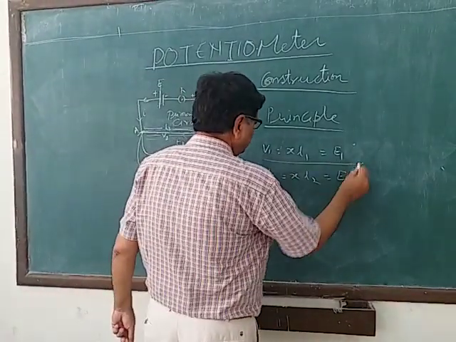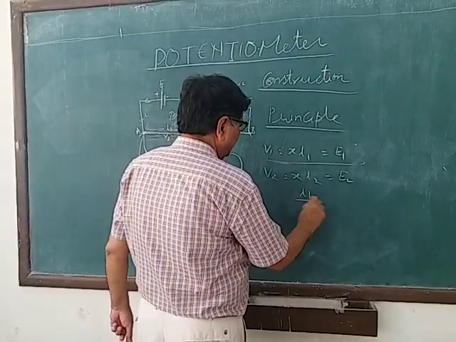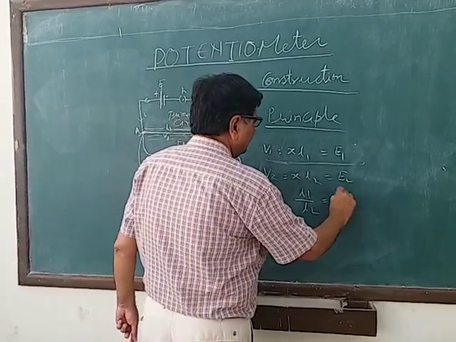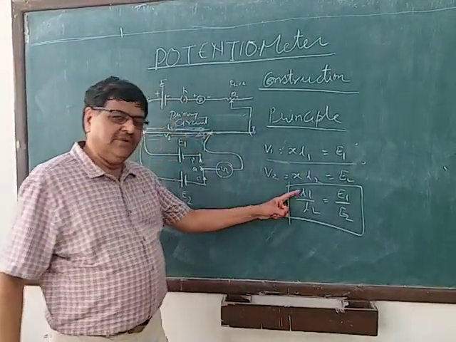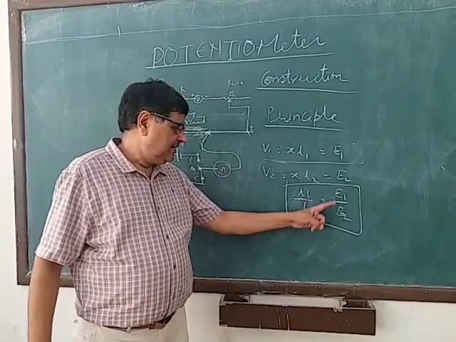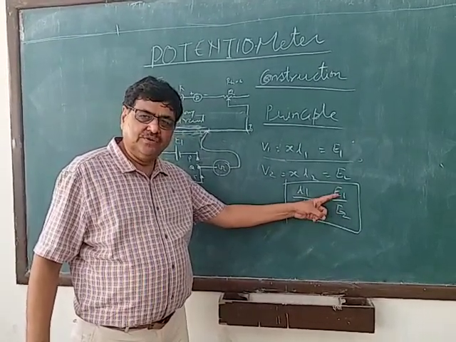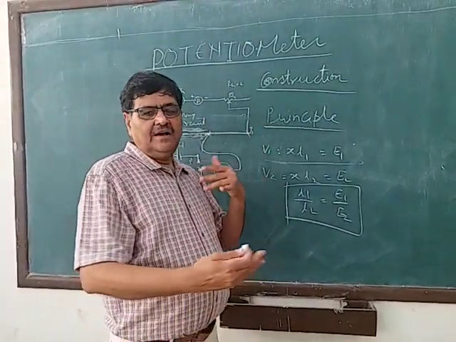If we divide these two, then we get L1 upon L2 is equal to E1 upon E2. So knowing lengths L1 and L2, we can find the ratio E1 upon E2. We can compare the EMF of the two cells.